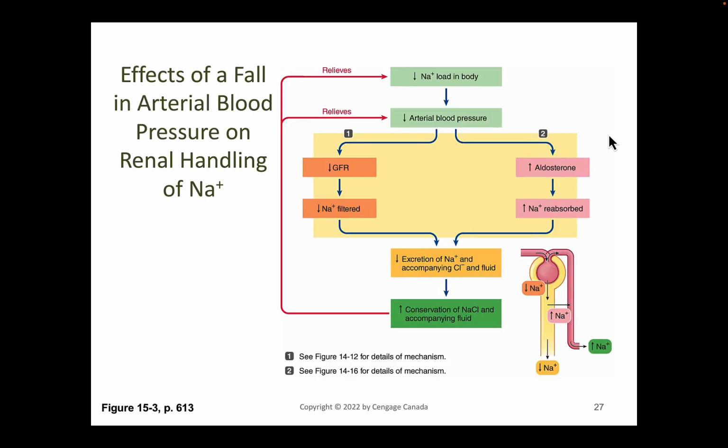So just briefly reviewing, if our blood pressure went down, our body compensates by activating the sympathetic nervous system that causes vasoconstriction of that afferent arteriole and decreases the blood flow into the glomerulus and the glomerular filtration rate.